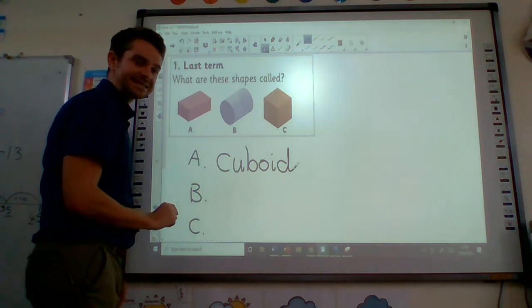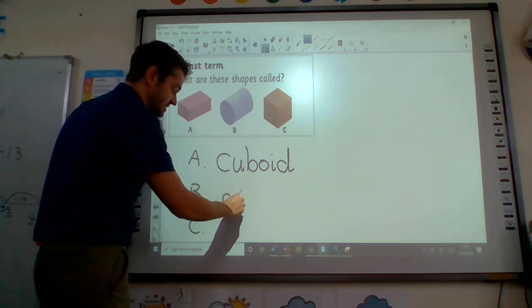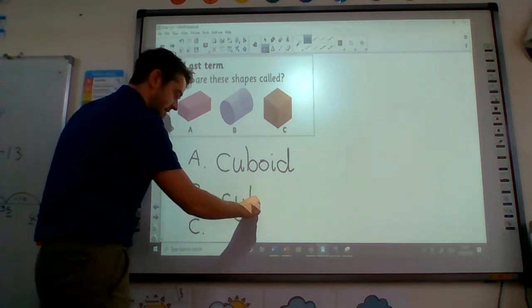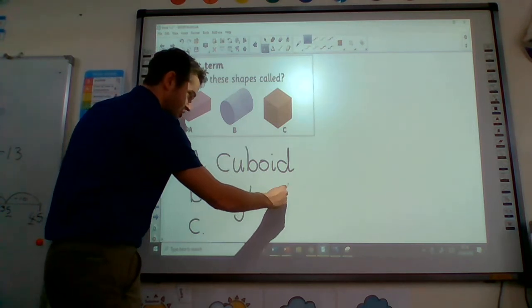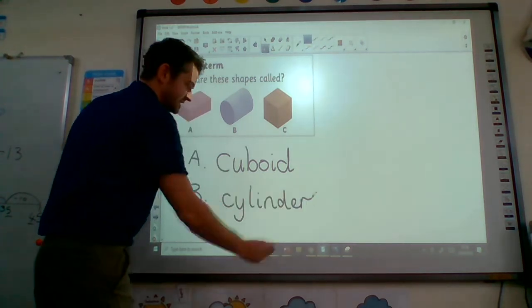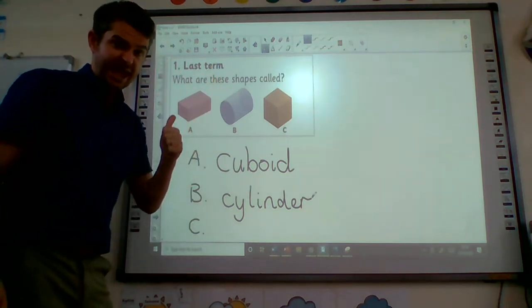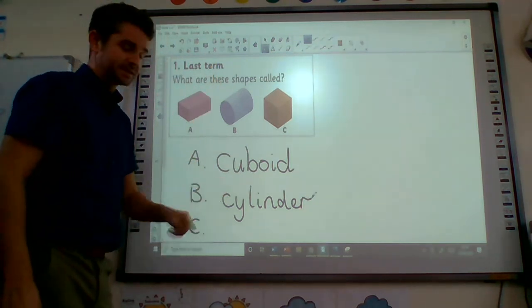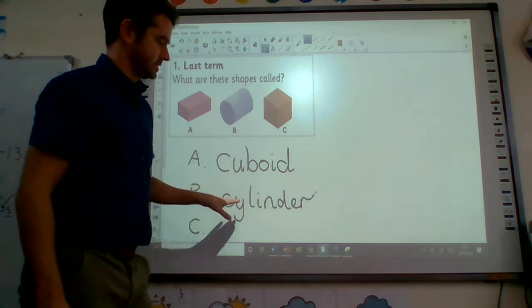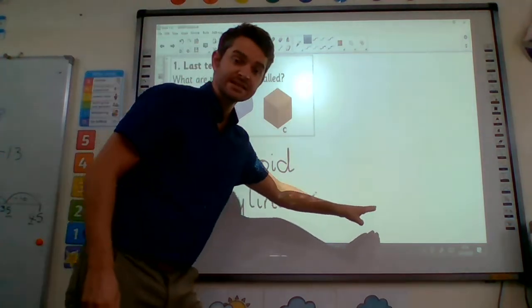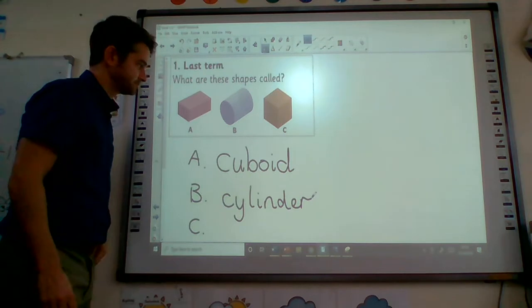B is a cylinder. Starts with a C as well. Then a Y, like hunter. Cylinder. Really well done if you remembered cylinder, and extra well done if you spelt it correctly. If you didn't, write cylinder next to your answer.